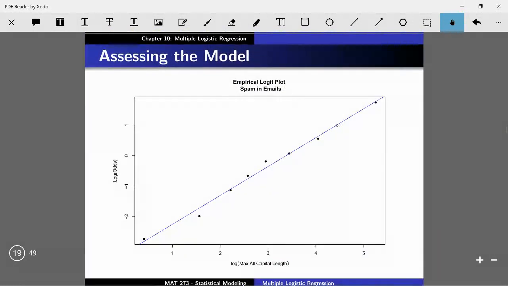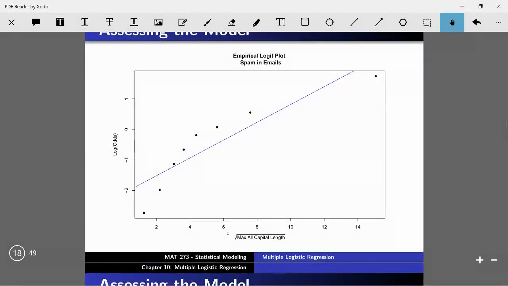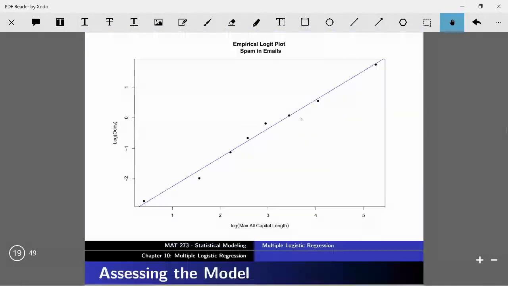In particular, a log transformation of the predictor variable can be helpful when we have this concave down shape. Trying that, we get this very nice linear pattern in the empirical logit plot. Perfect, that's exactly what we wanted.